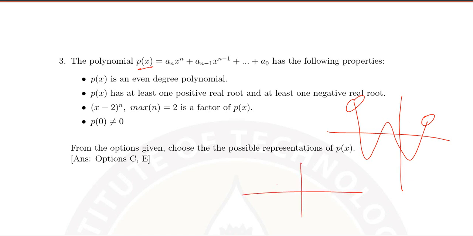Though it might go like this, the end points of the curve cross the x-axis. Therefore, this is the curve for an even and this is the curve for an odd function, in the overall sense. So now let's see which options satisfy this even degree polynomial condition.